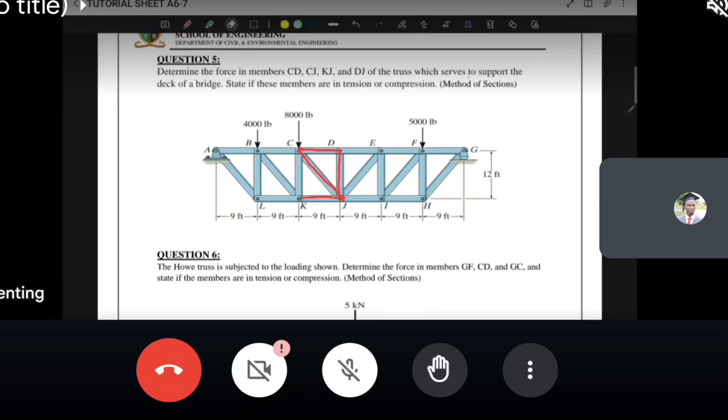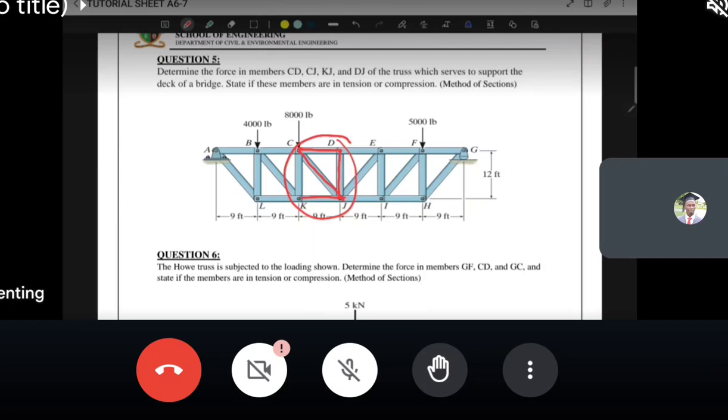So they want us to find the forces which are inside these members and state if the members are in tension or compression. Then they're specifying that this is the method of sections. Now what I want to highlight here is that even without this highlight saying use the method of sections, you have to know that if you are going for specific members of a truss system, then the best approach to use is the method of sections.